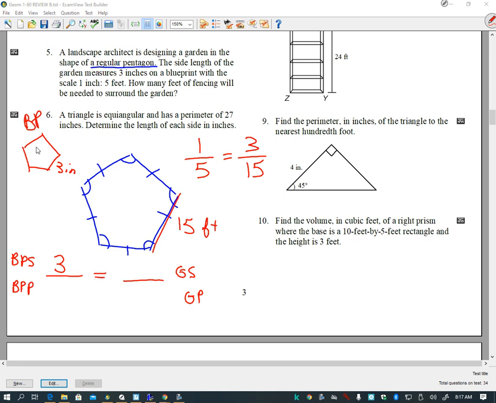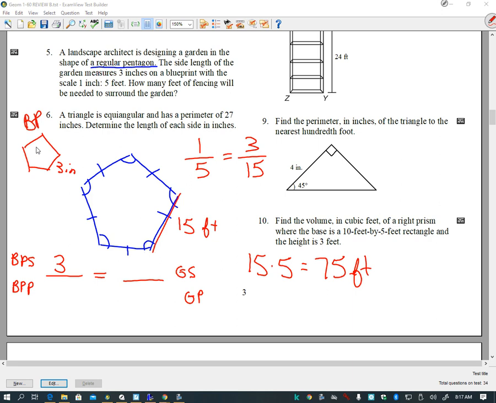Well, what am I going to do? Jordan, what would I do? How would I find out how much fence I need? 15 times 5. Okay. I want to say 60, but I don't know if that's 75. Not quite. 75, and what's my label here? Is it inches? Feet. Okay, does that make sense?